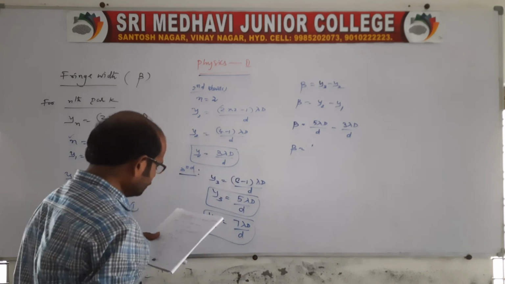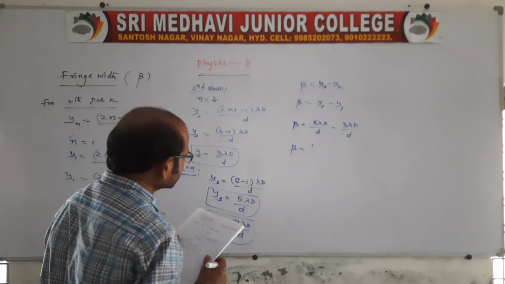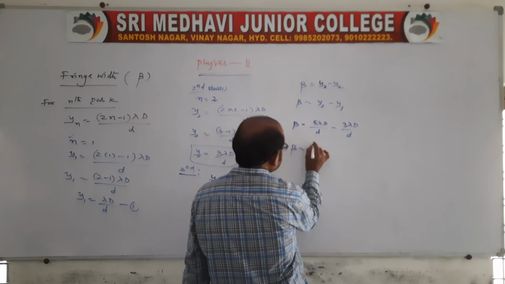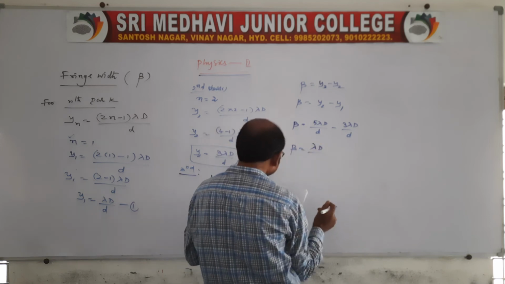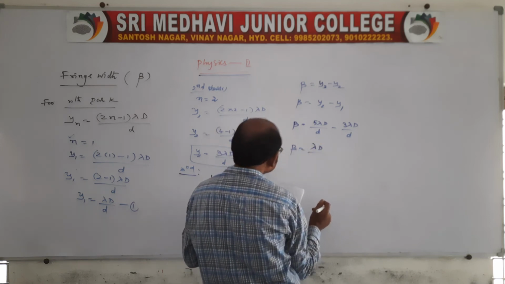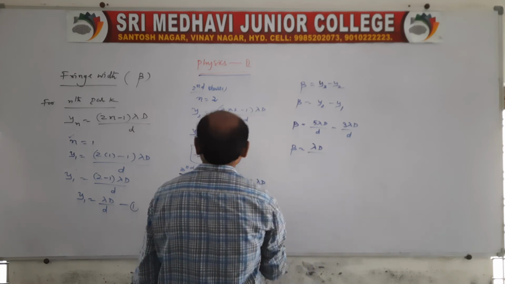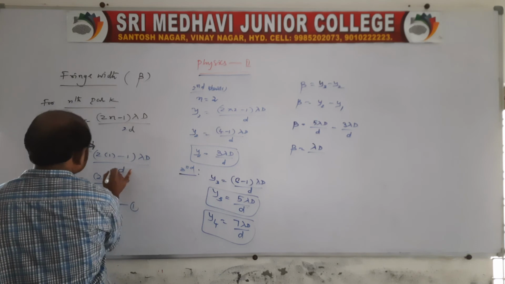Beta is equal to, we subtract this. You take lambda capital D by small d as common, here it is 2d. I am sorry, it is 2d, right?